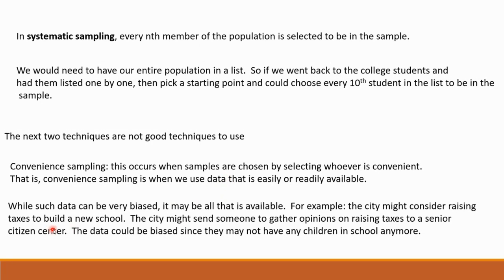I'm not saying it's bad to get their opinions, but you don't want to get just their opinions. Then that's going to be very biased. It's not representative of the entire population, especially since senior citizens may not be raising kids in the school anymore. So convenience sampling you have to be careful with.